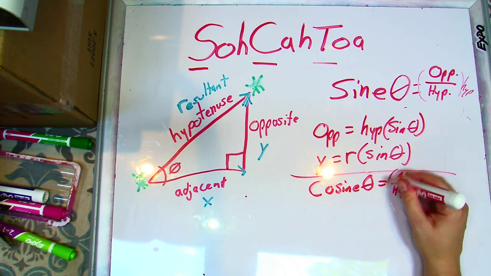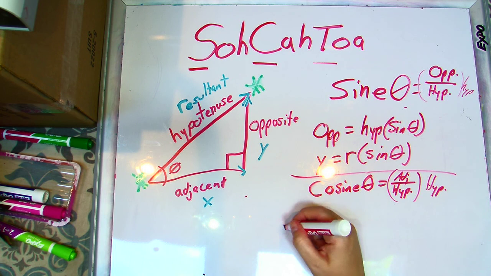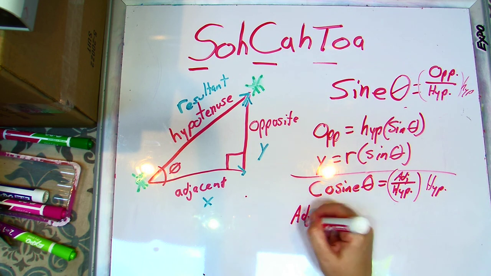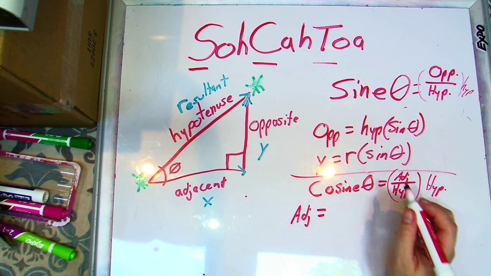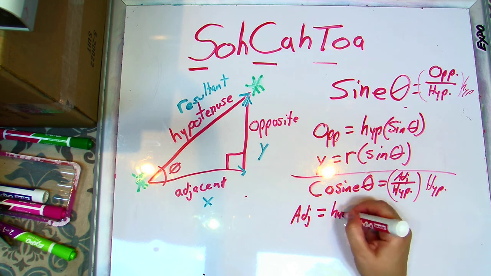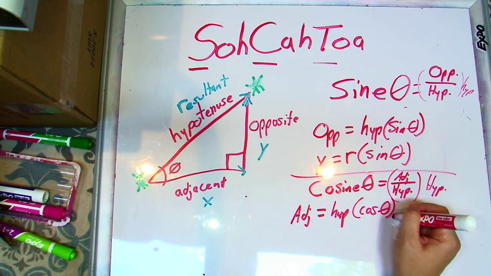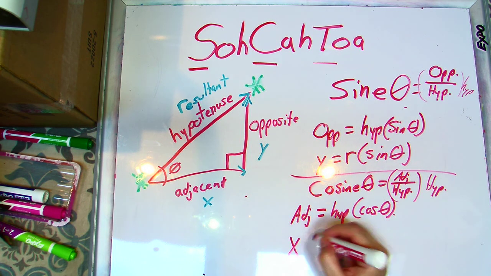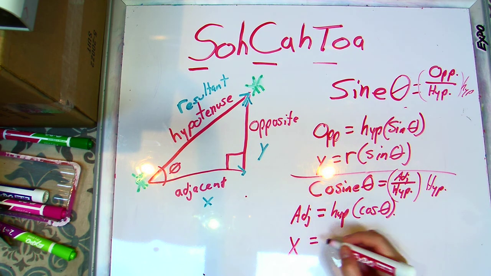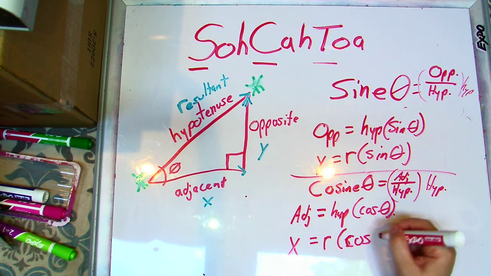To do that, we multiply both sides by the hypotenuse, and we end up getting adjacent equals hypotenuse times cosine of theta. Or we can rewrite that as the horizontal displacement, the x value, is equal to the resultant times cosine theta.